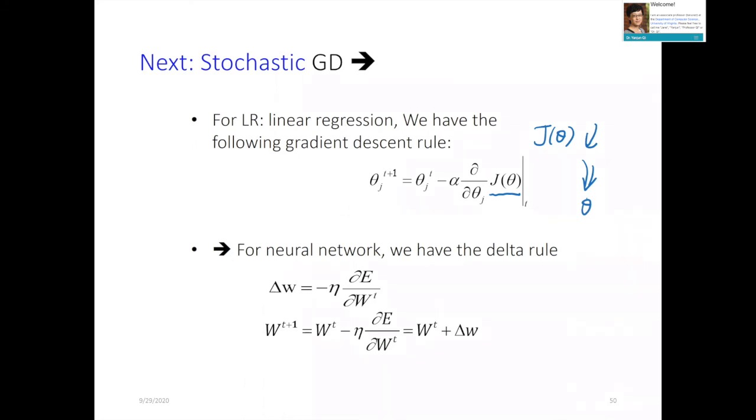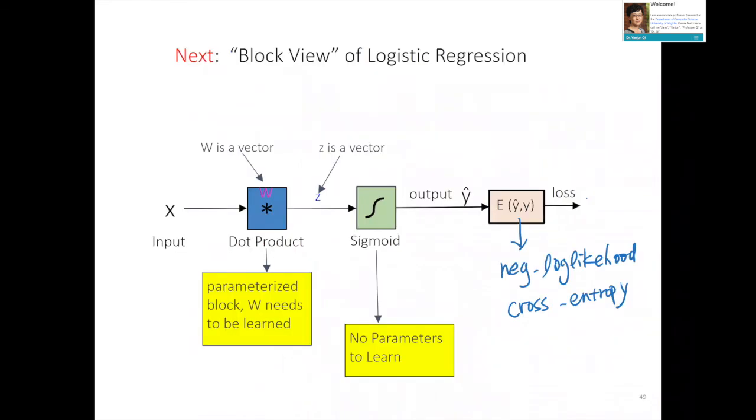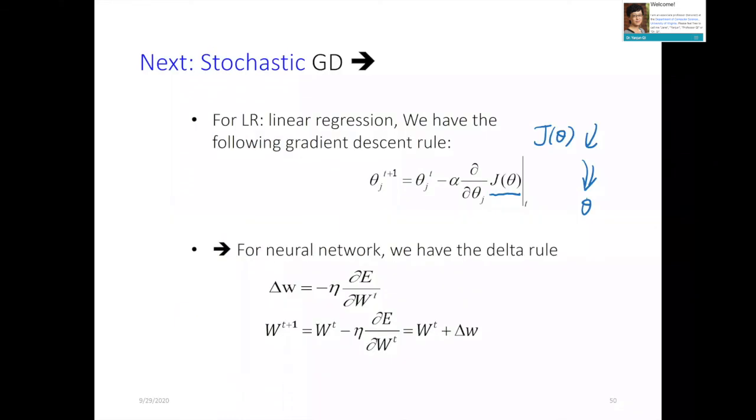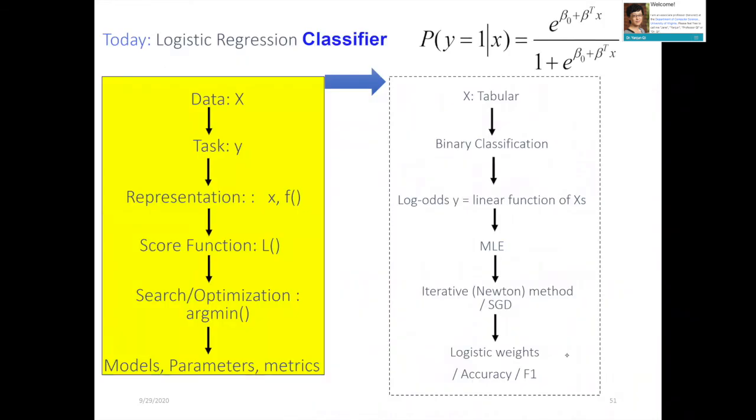It's totally the same in logistic regression. Our error function is just the negative log likelihood or cross-entropy, and we minimize that cross-entropy. Our parameter in this case we represent as W. We try to push the loss to be small through the same procedure, gradient descent. It's not theta, it's W.